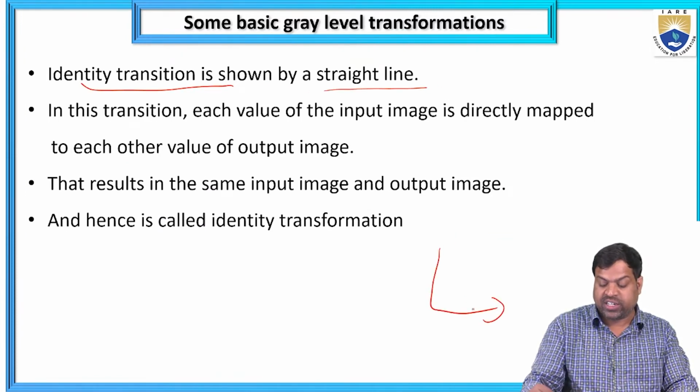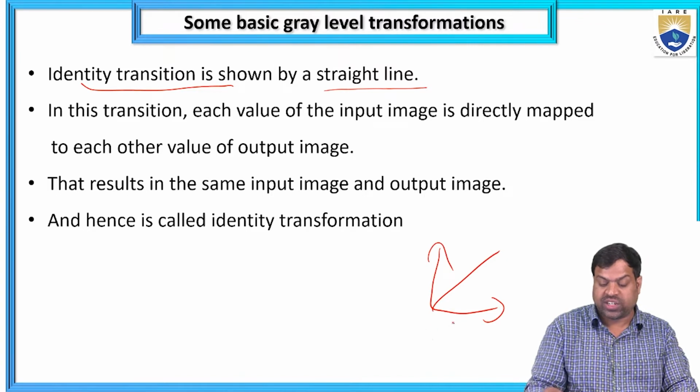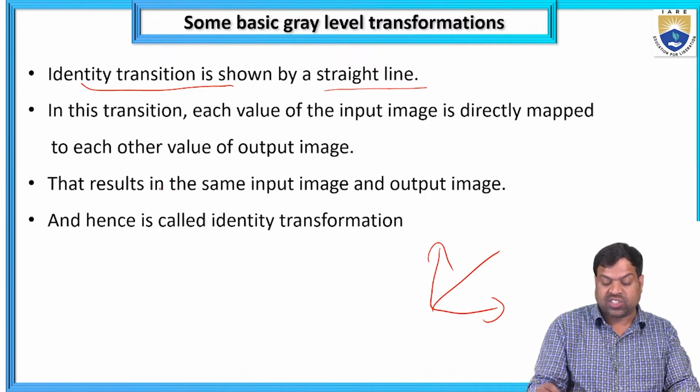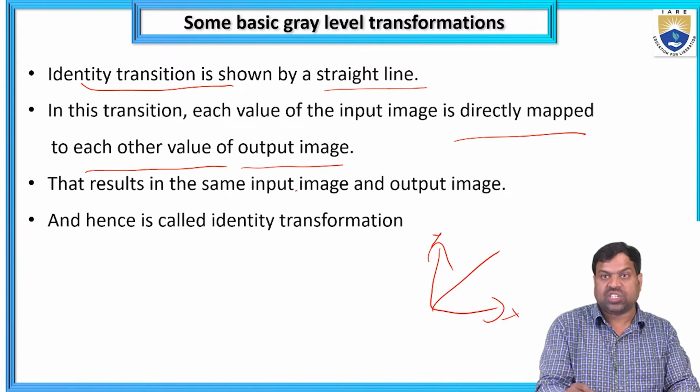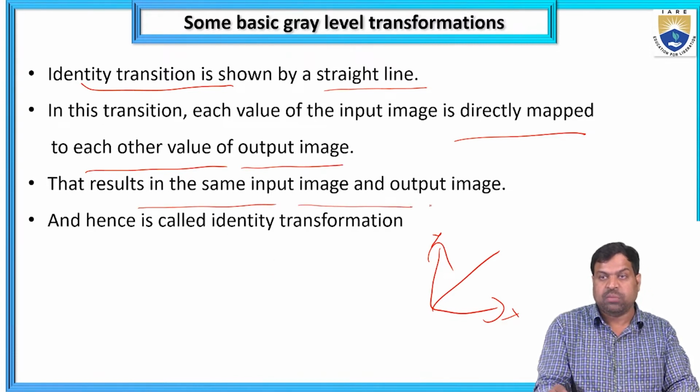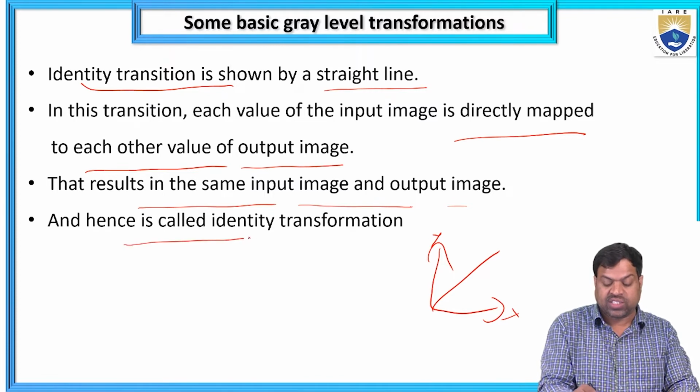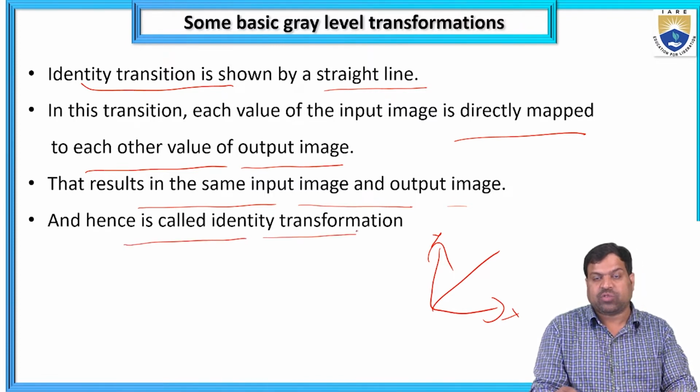In this transformation, each value of the input image is directly mapped to the output image, which results in the same input and output image, and hence it is called identity transformation.